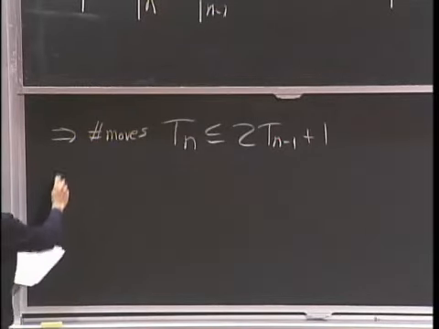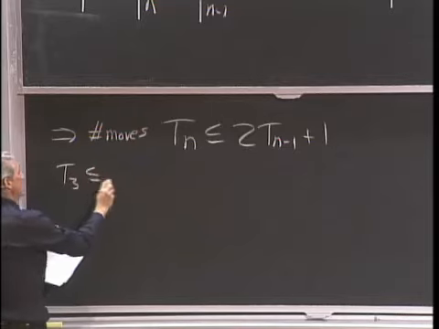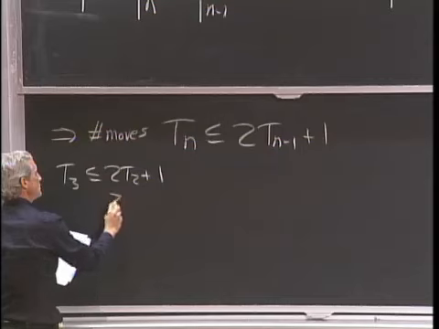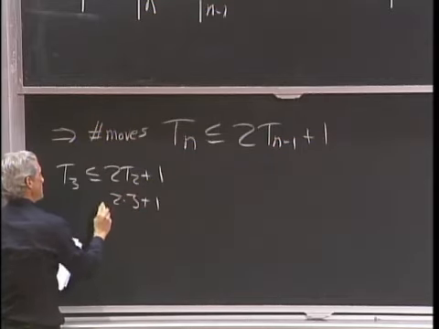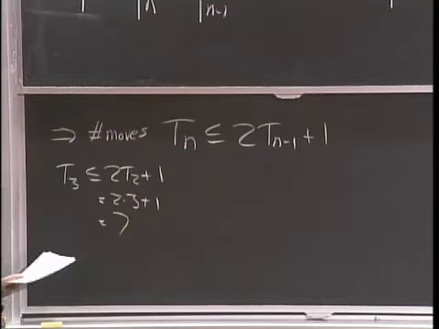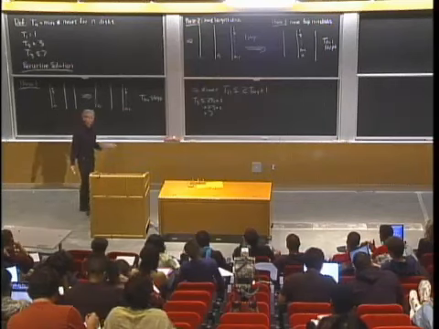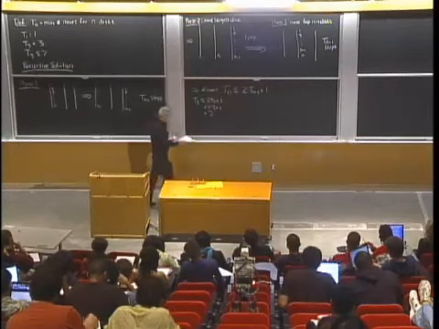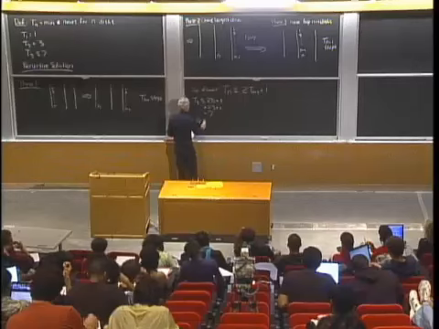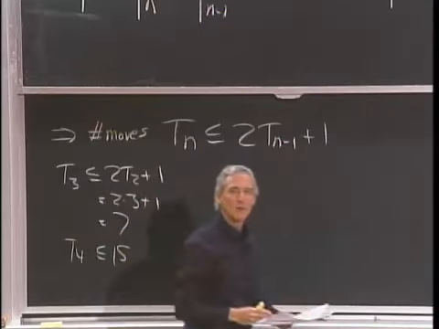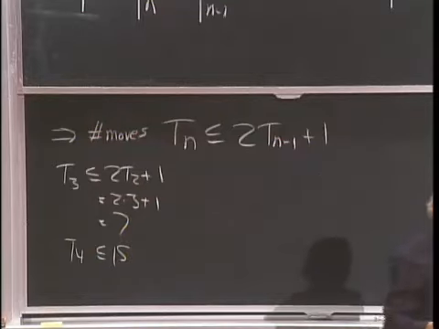For example, which we already know, T(3) is at most 2T(2) plus 1, which is 2 times 3 plus 1, which is 7. So we already knew we could do it in 7. What's an upper bound on the time to move 4 disks? 15. OK? All right, so T(4) is at most 15. But maybe there's a better way. This is just one way to do it.